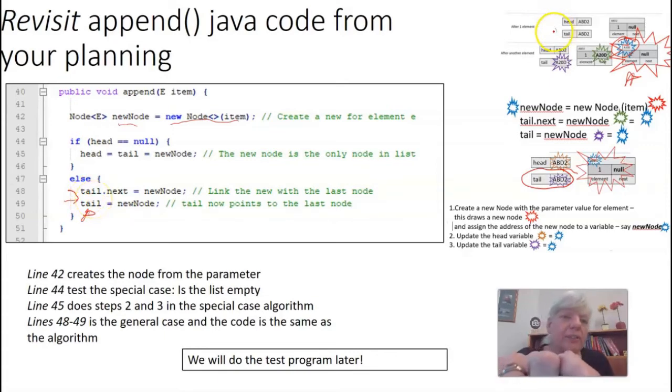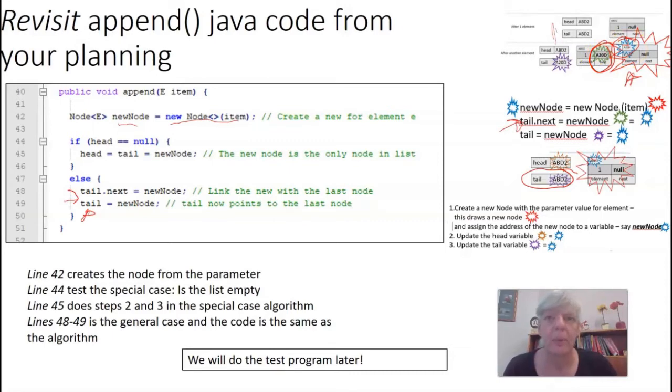If I look at this first before picture, it says go to that address ABD2, find the instance variable called next there, and assign to it the address you find in new node. What's actually happening on our picture is this line here. The green star is allocated the new address. Okay, that's very important.